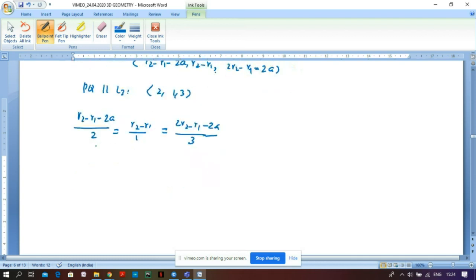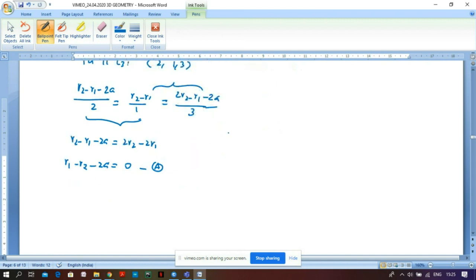Now we can solve for the two variables R1 and R2. Take the first two ratios: R2 minus R1 minus 2a equals 2R2 minus 2R1. Bringing this to one side, you get R1 minus R2 minus 2a equals 0. Call this equation A. Now for the second pair: 3R2 minus 3R1 equals 2R2 minus R1 minus 2a.